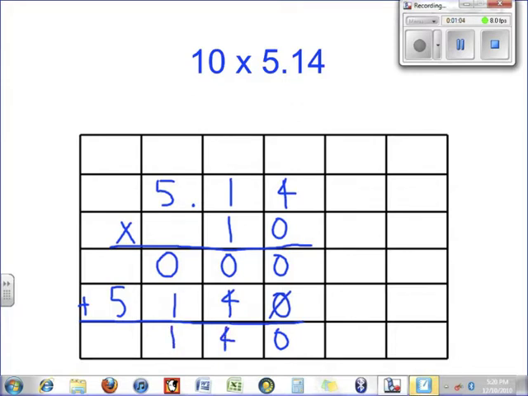Now when I get my answer, that's when the decimal comes into play. So now I have the decimal, I need to move it to the end. I've moved it 2 spaces, so I have to do the same thing to my answer. I'm going to move my invisible decimal in my answer 2 spaces in the opposite direction.